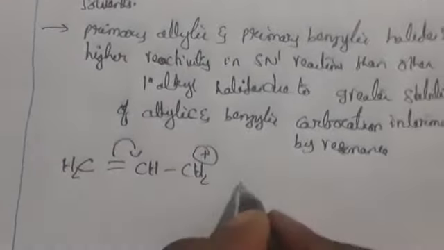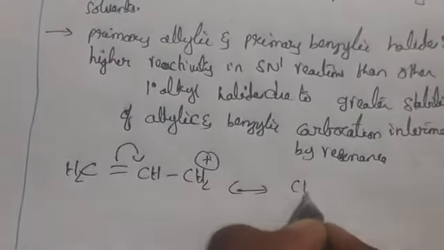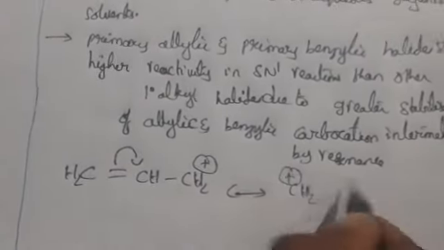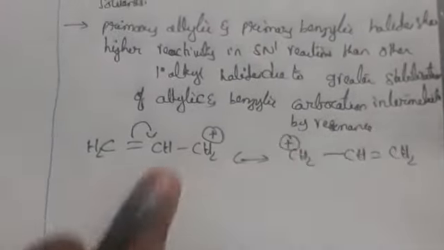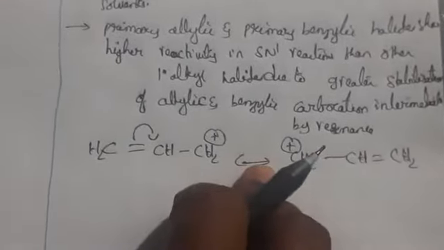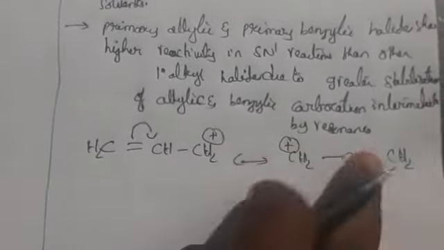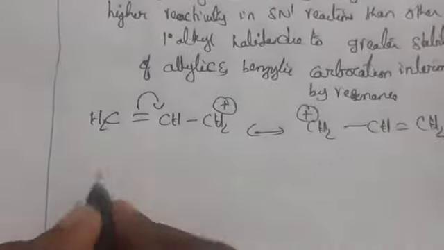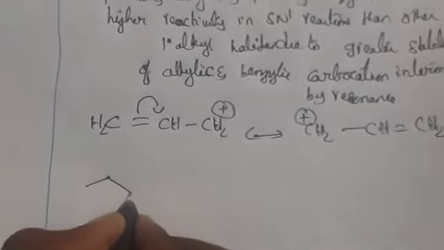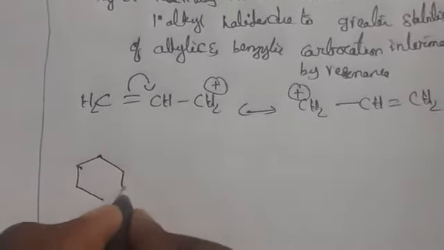Here this is CH2+, and here CH=CH2. So minus and plus will form the bond. Okay, so this is the reason why it is going to have more stability. Why? Because it is forming resonance structures.